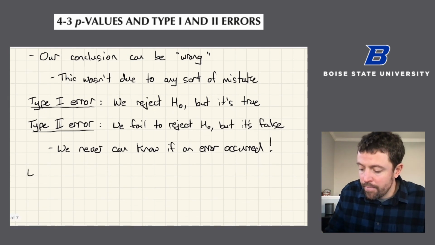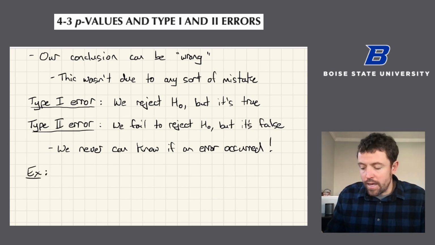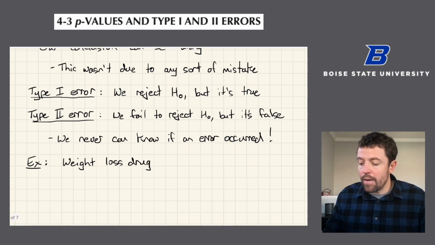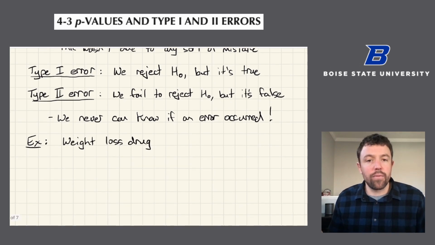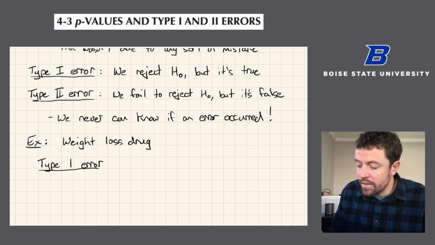For example, one problem that we did in section 4.2 was a hypothesis test for a weight loss drug. I want to think about, in context, what a type 1 error and a type 2 error would mean. A type 1 error would occur if we rejected the null hypothesis.